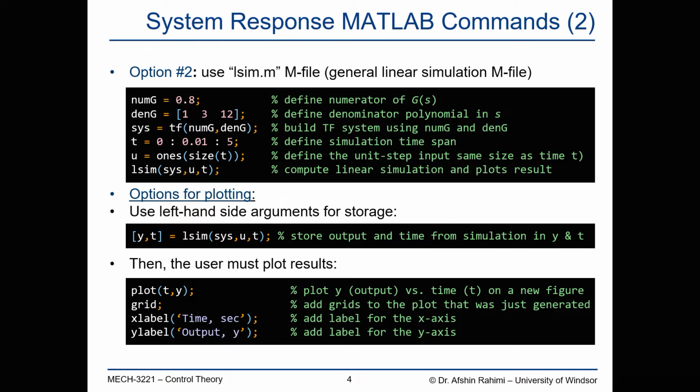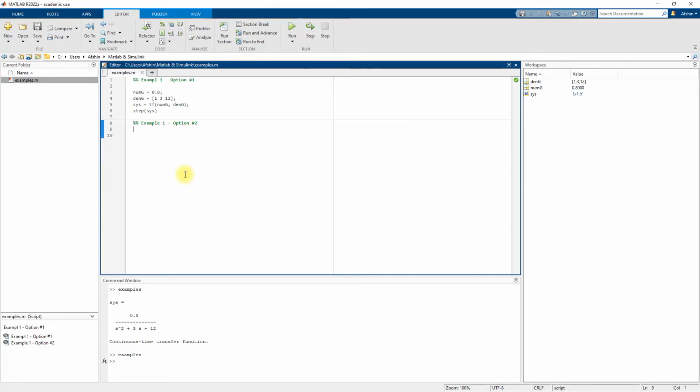Now something to note here is that when we use the LSIM function, we will need to include additional inputs. So I'm going to just copy paste the part that is the same. But in addition to having our system transfer function, when we use the LSIM function, we need additional inputs.